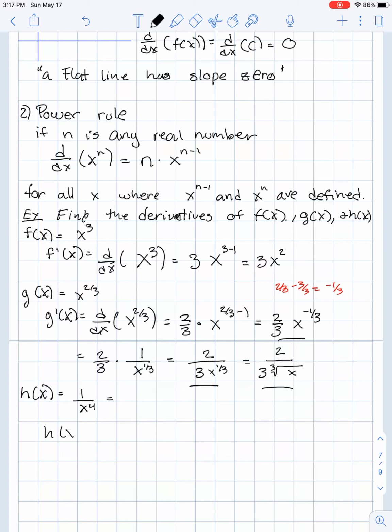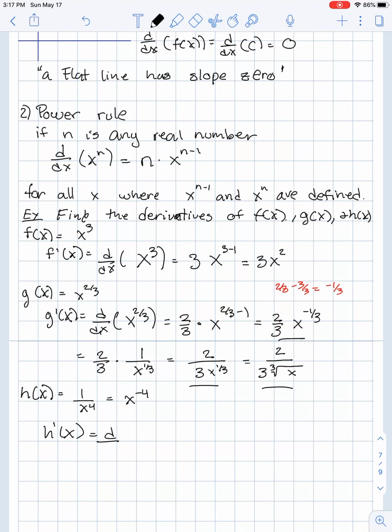Similar to what we did in g prime of x, how we moved x to the negative 1/3 from the numerator to the denominator and made the exponent positive, we're going to do the same for h of x. So 1 over x to the 4th is the same as x to the negative 4th. Remember, we saw that in exponential rules in chapter 1. If that's still confusing to you, you really need to review.